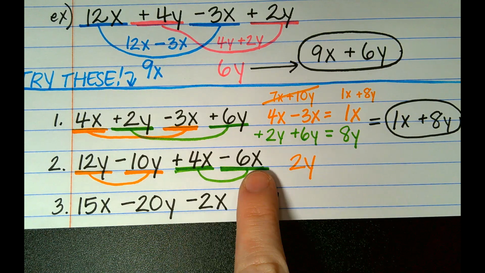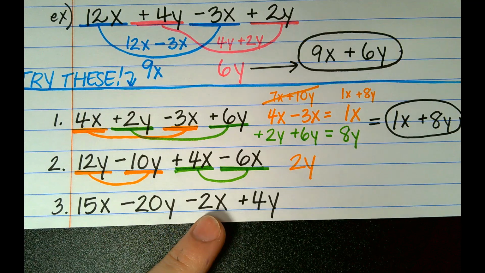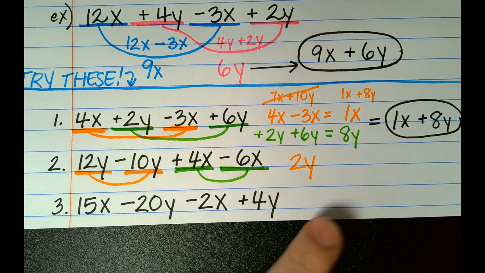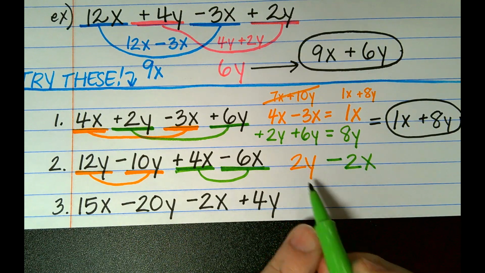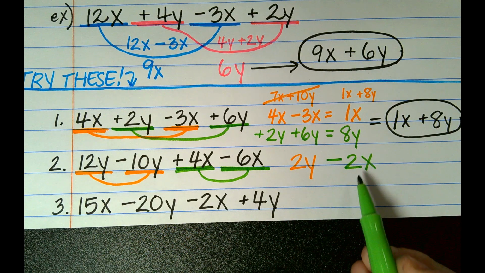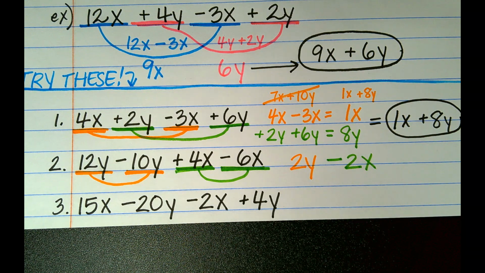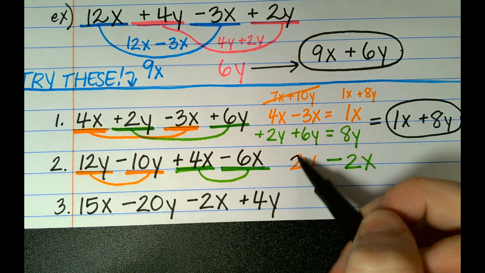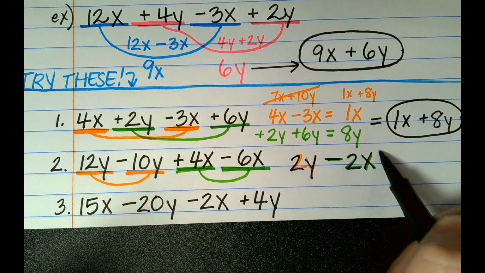So when you take away more than you start with, you're going to get a negative number. So just like you said, Ayana, we had a negative 2x at the end there. You could write 2y plus negative 2x, but you could also just write 2y minus 2x.